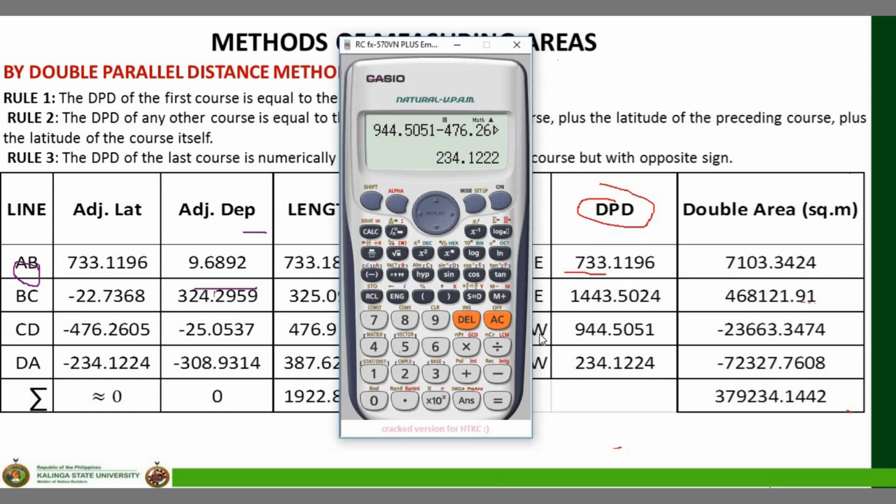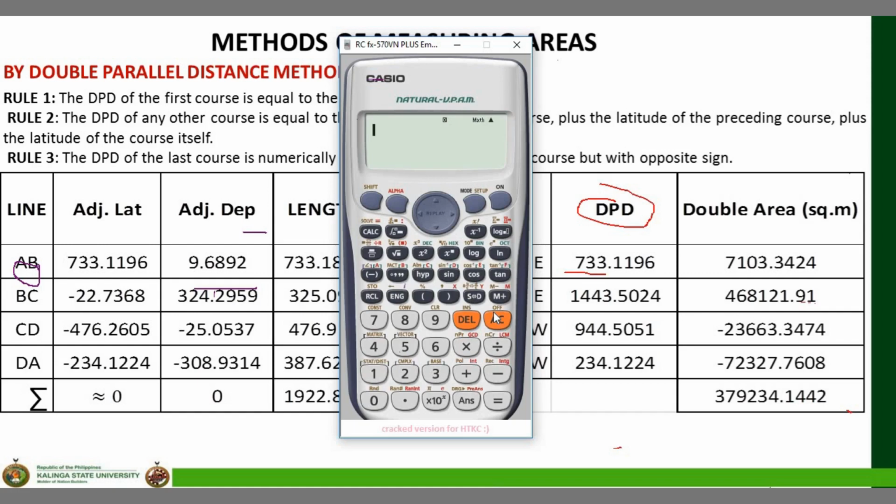Now, as you can see here, may discrepancy ako na 0.0002. So, if that is the case, 0.0002, negligible na difference.